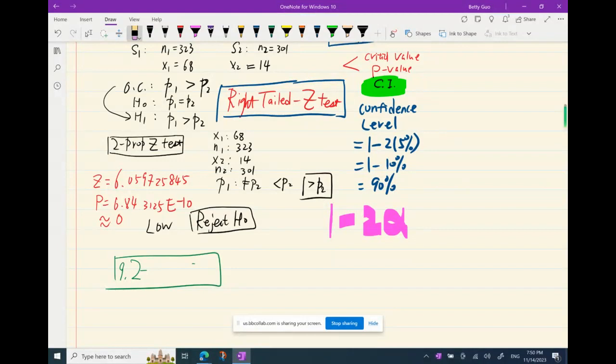I'm so sorry. 2 proportion. Let's go down. Letter B. 2 proportion Z interval. Okay? Letter B. Not 9. Letter B. The function we are going to apply is 2 proportion Z interval.